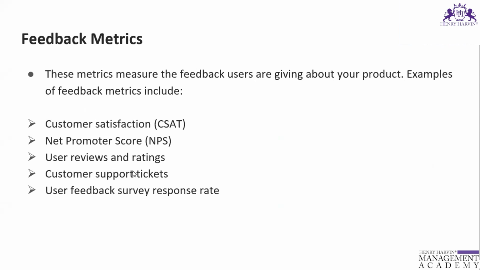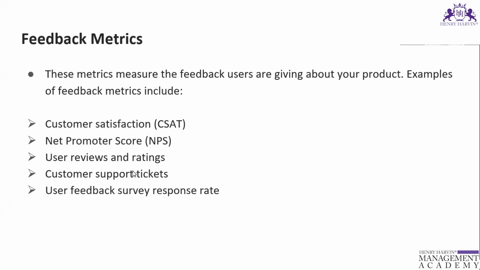Feedback metrics, another kind of metrics. Sometimes you can see some of these success metrics being repeated, but they can be put into different buckets. Customer satisfaction out of 1 to 5, what is the level of satisfaction of the customers? NPS, user reviews, customer support tickets. If the company is getting a lot of customer support tickets, that shows the customer is not happy with the product or services.